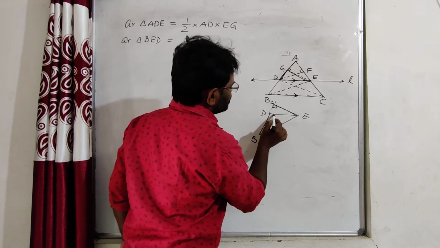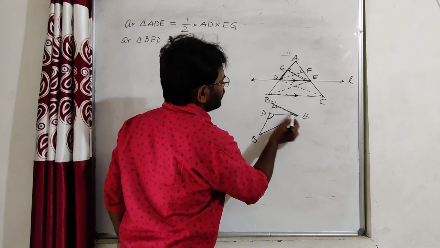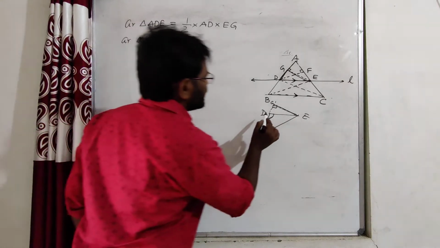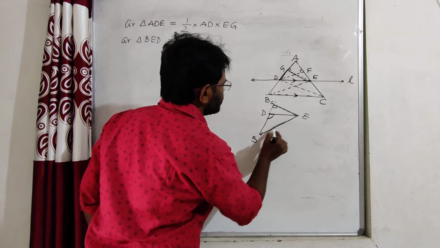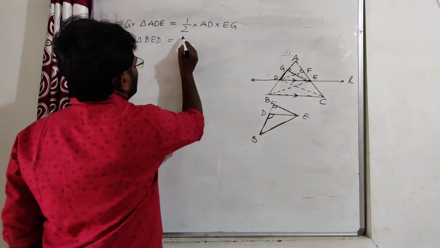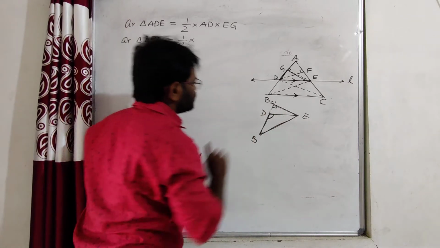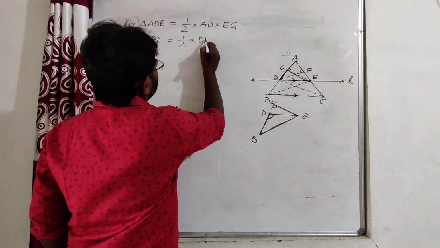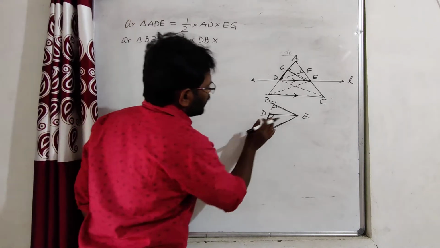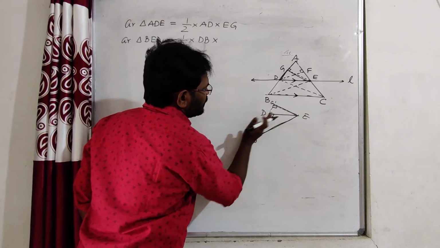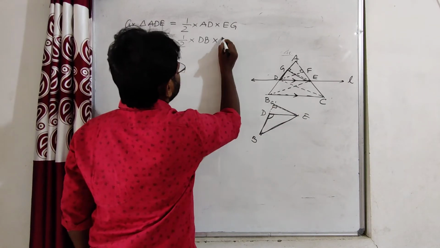Observe that it is an obtuse angle, so the altitude lies outside. So what is the area of triangle BED? The base we treat as BD, that means DB. What is the height from E to DB? EG.